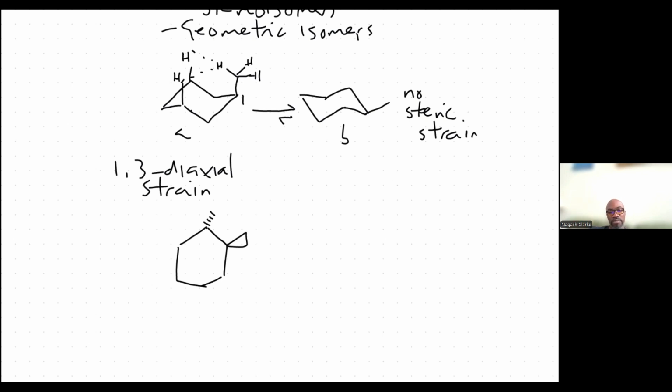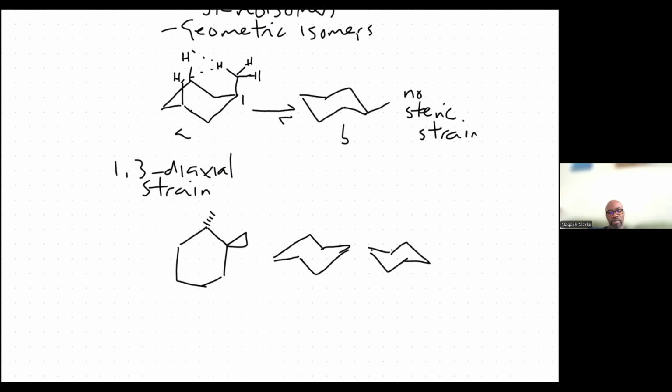So I'm going to draw my ring, and I'm also going to draw the ring flipped right away.